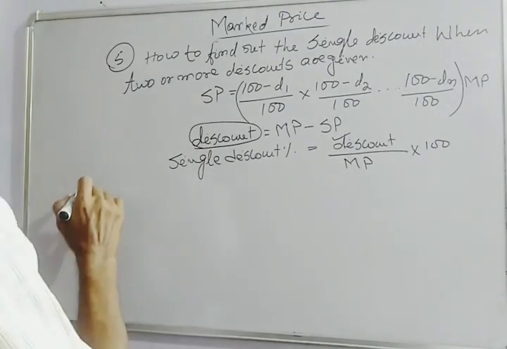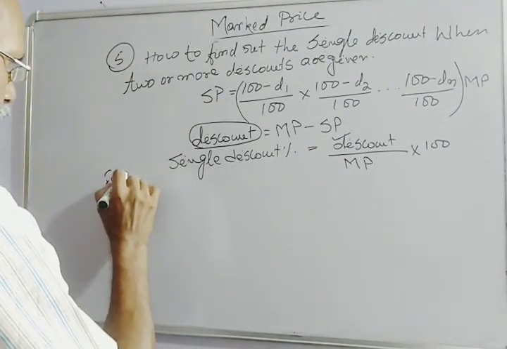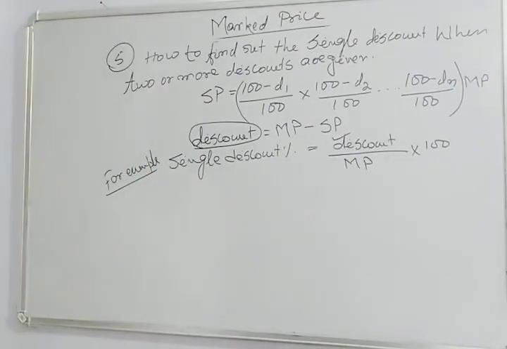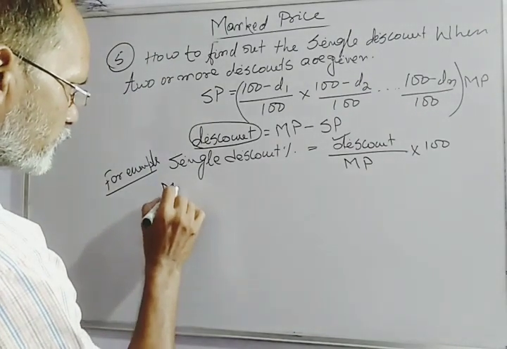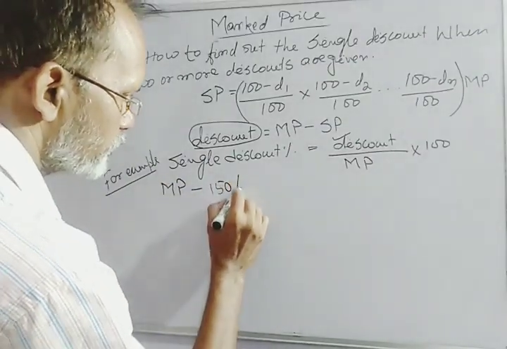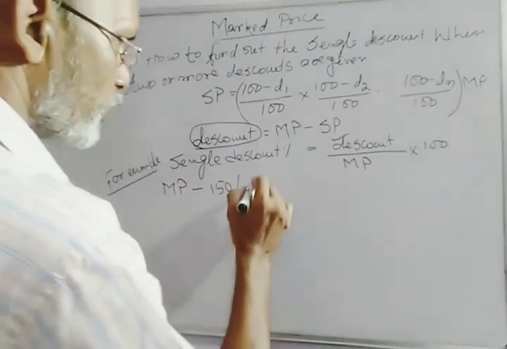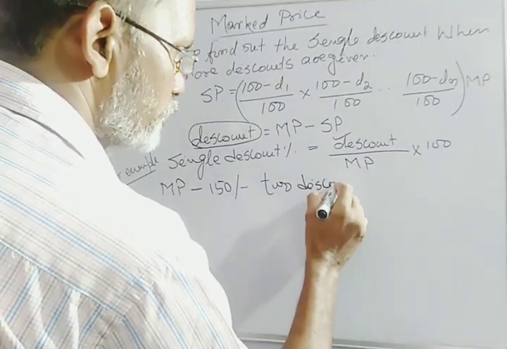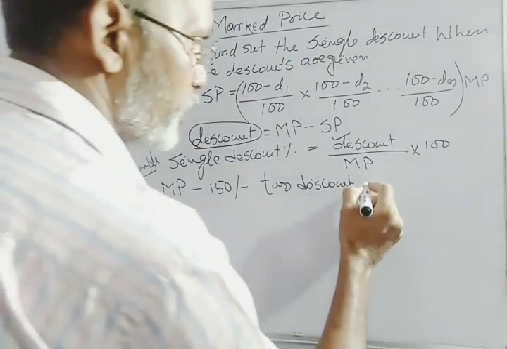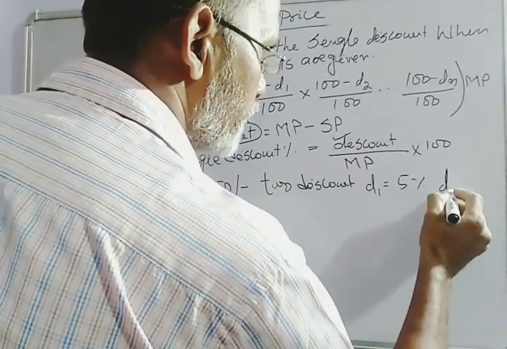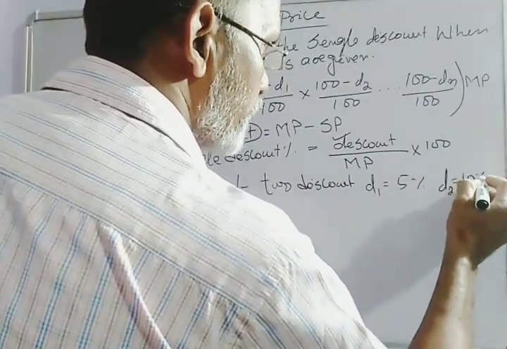So for example, if the mark price is given as 150 rupees, and two discounts, D1 is equal to 5% and D2 is equal to 10%, are given.